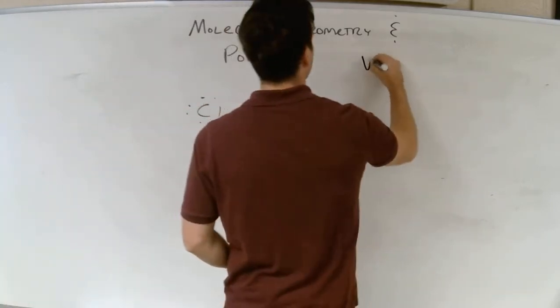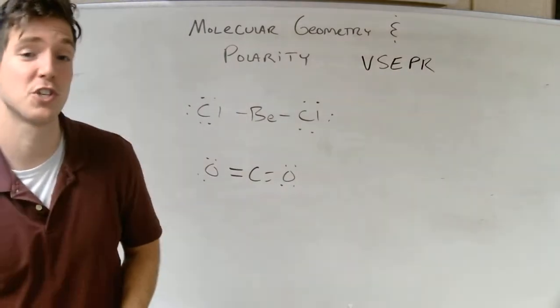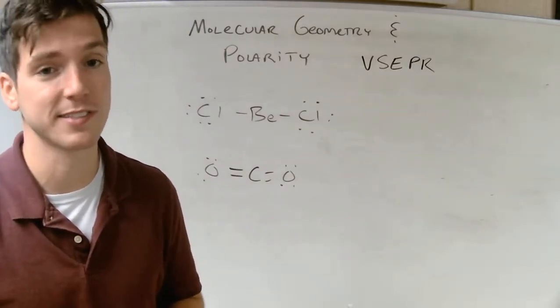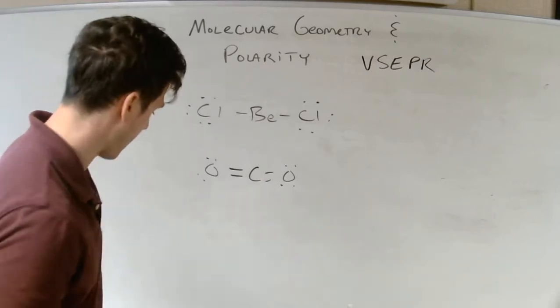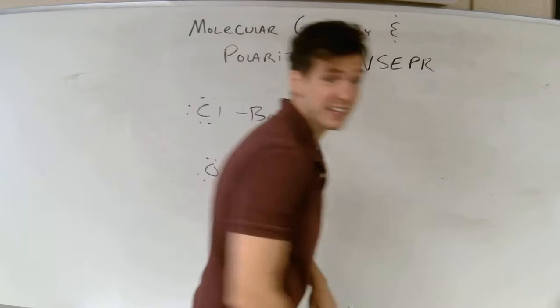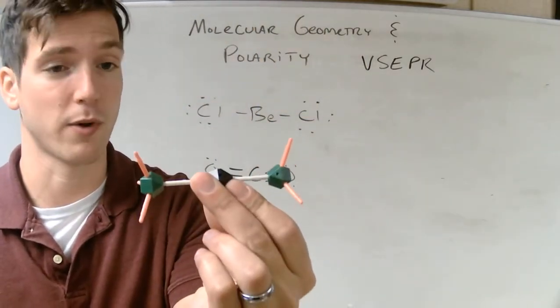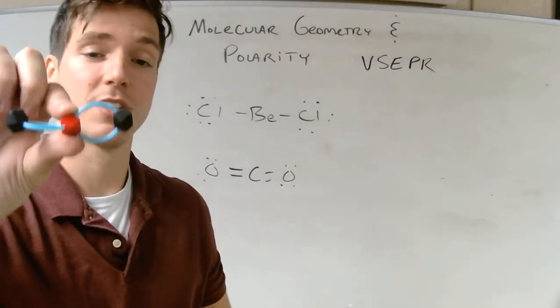This is called VSEPR, which just means valence shell electron pair repulsion. That just means that electrons, since they're negatively charged, are going to get away from each other as far as possible. And when they do that, they form these nice little shapes, like beryllium dichloride forms this shape, and carbon dioxide forms this shape.